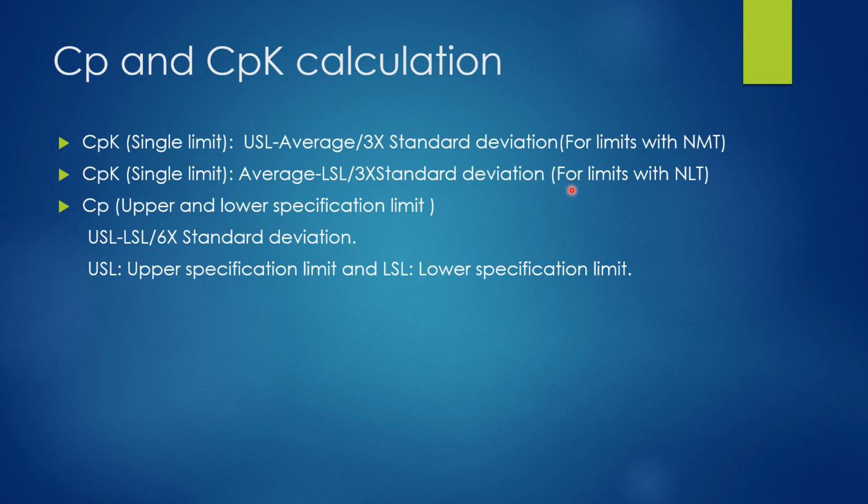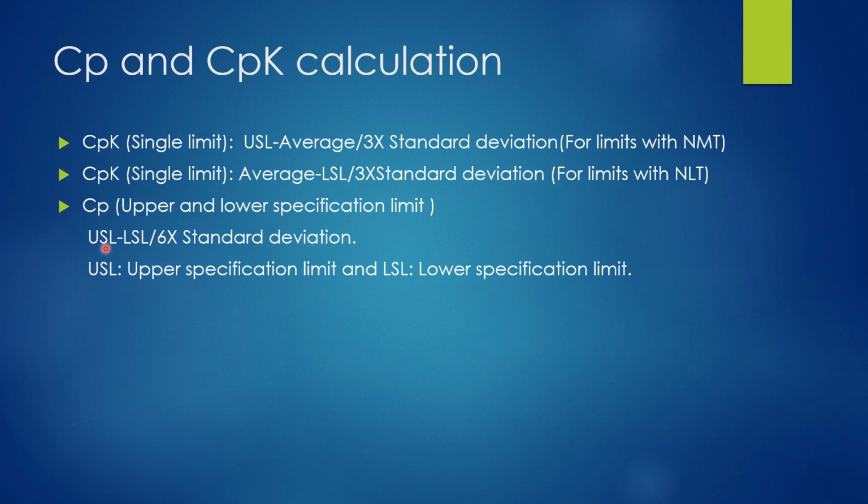This is how we are going to use the formulas to calculate the CpK values with not more than and not less than limits. When both upper and lower specification limits are provided, we have to go with the calculation for Cp as well. The formula for Cp is USL minus LSL divided by 6 into standard deviation.